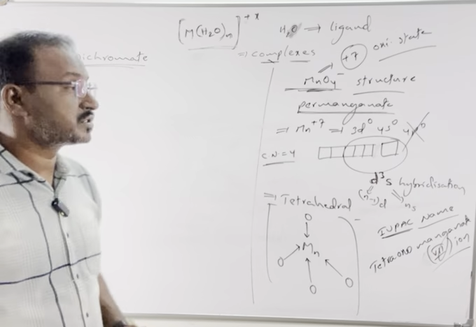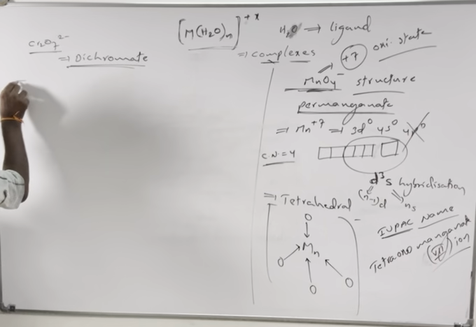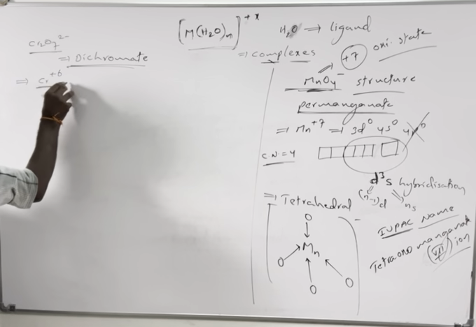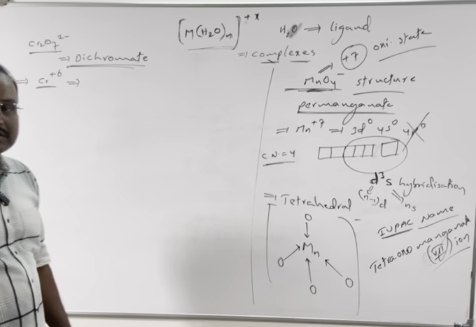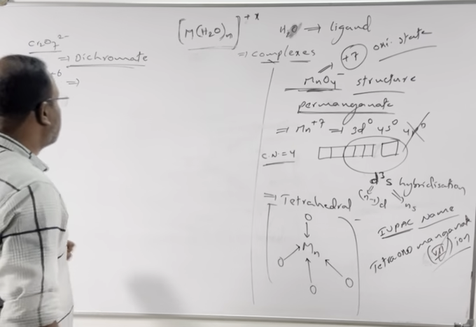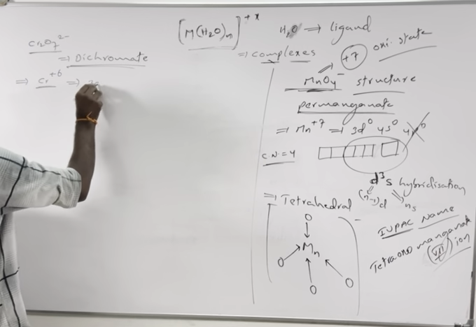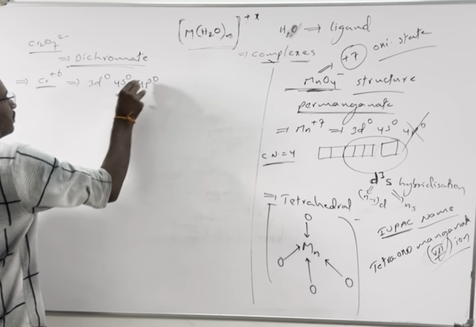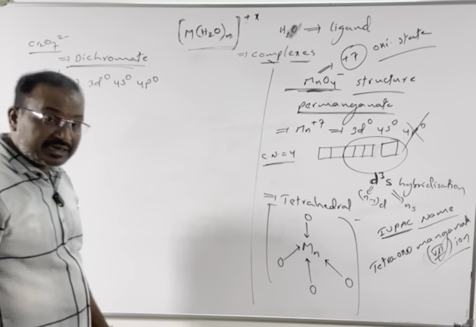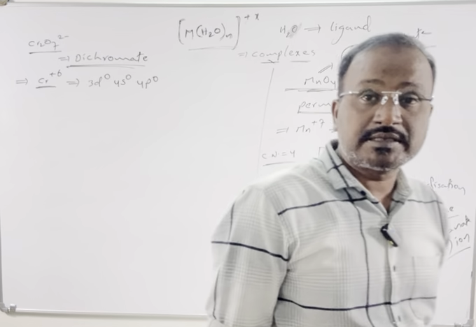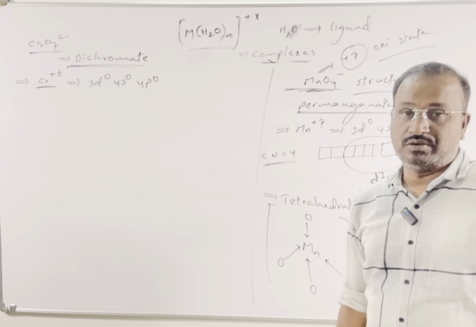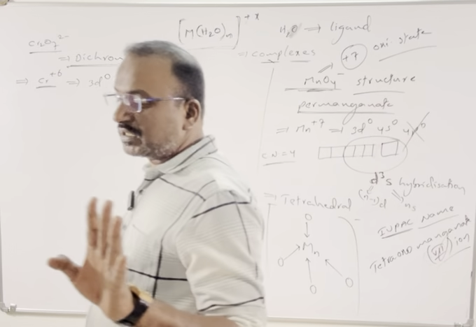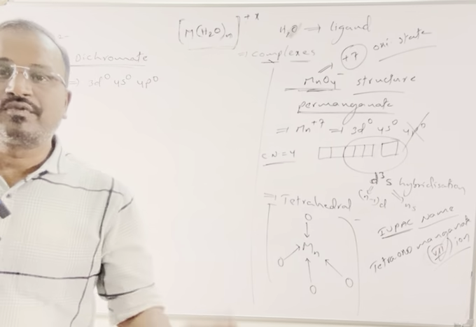In this case also, chromium oxidation state is +6, and its configuration is 3d0, 4s0, 4p0. No electrons in d orbital, no electrons in 4s, no electrons in 4p.